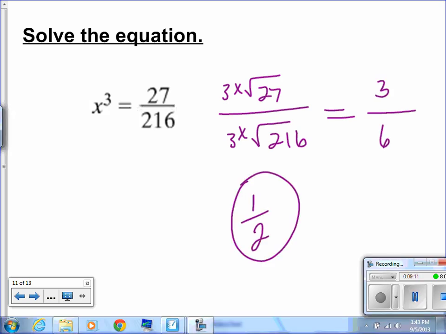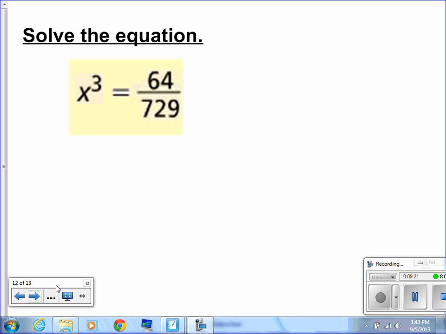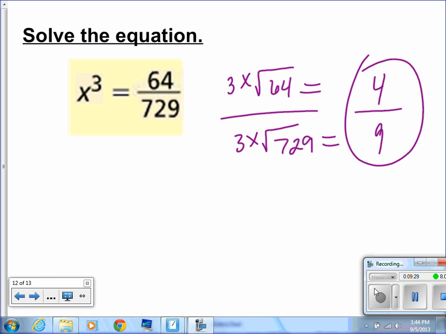You should have found that the cube root of 27 is 3, and the cube root of 216 is 6. 3/6 can simplify to 1/2. Try one more on your own. You should have gotten an answer of 4/9.